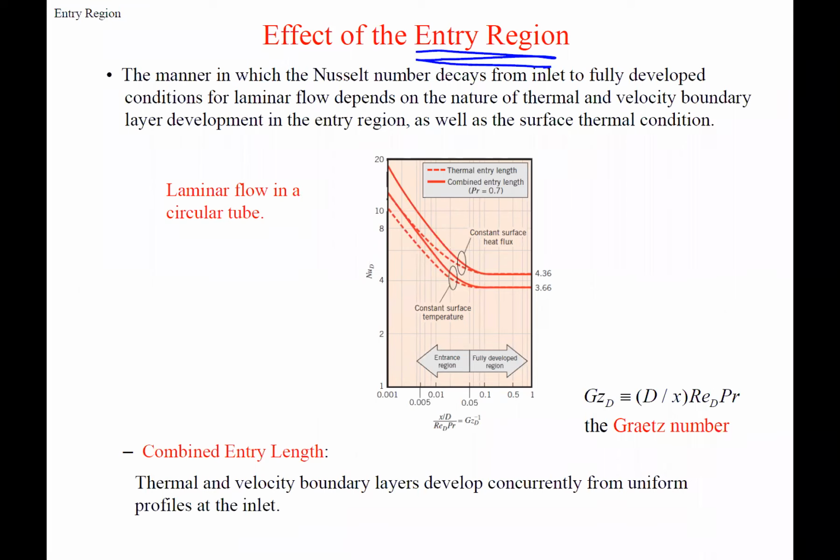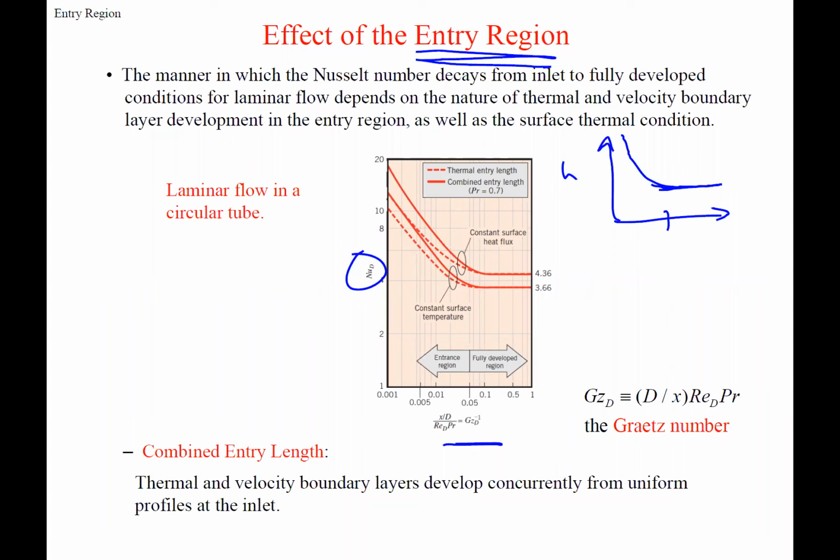This shows the Graetz number versus the Nusselt number, and we've seen this kind of curve in the last set of slides, where it showed the convection coefficient, which is basically what the Nusselt number is. Once you hit fully developed, you get the same value.